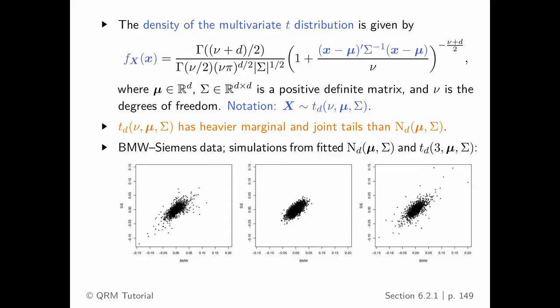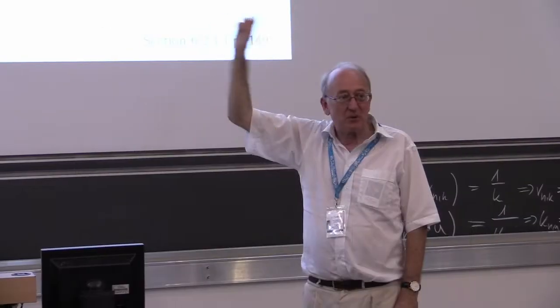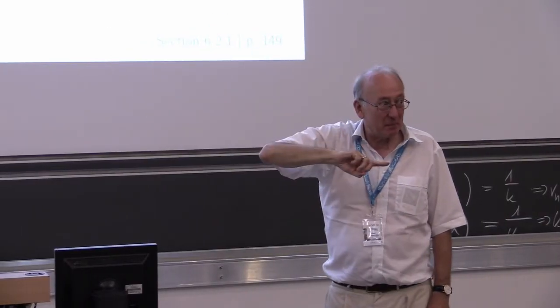Good, this is page 149, just very briefly. Here it is. This is an example of the t distribution, the multivariate t. Take sigma diagonal. Then we have zero correlation. This is a standard example, I would say, outside of the world of copulas, of a random vector where zero correlation does not imply independence.